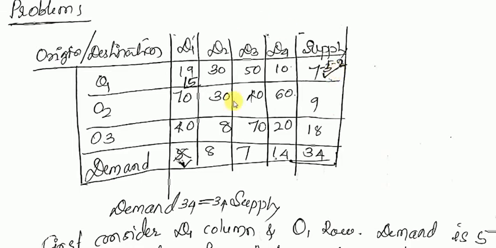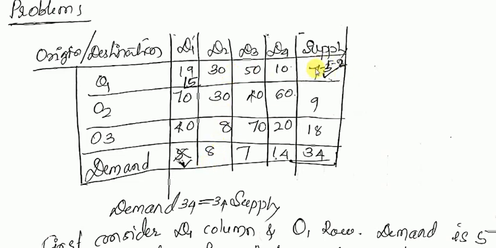Now once again go for the northwest corner rule. This complete column is eliminated. Second column and first row: still 2 is there, so the second column and first row are compared. Here 8 is there and here 2 is there.